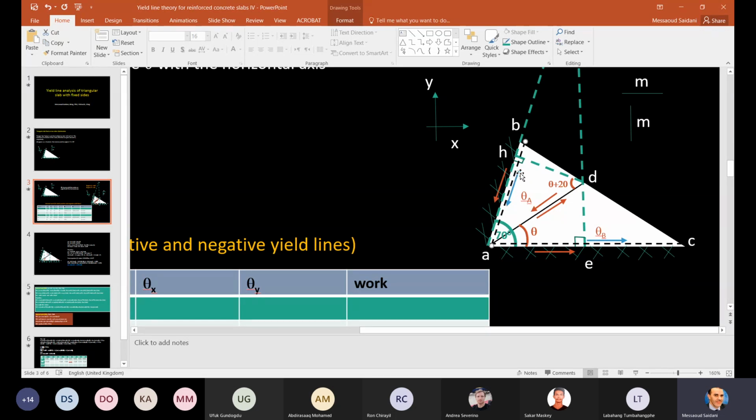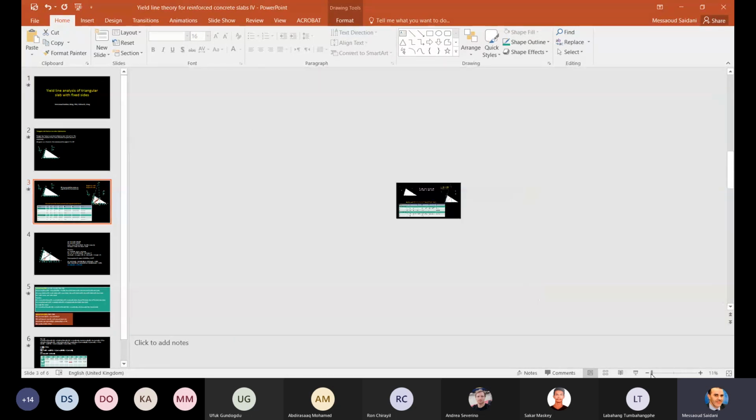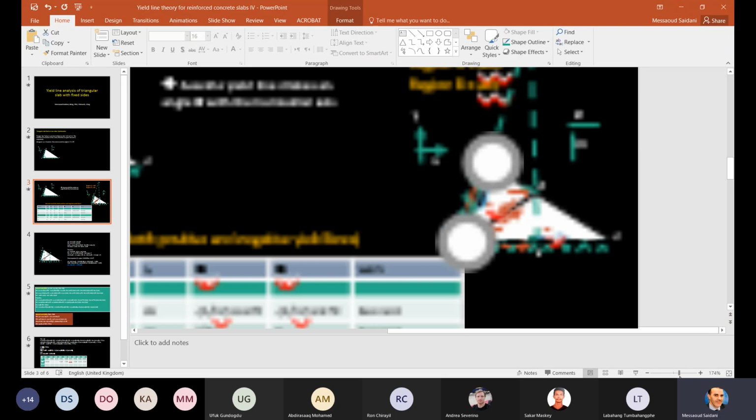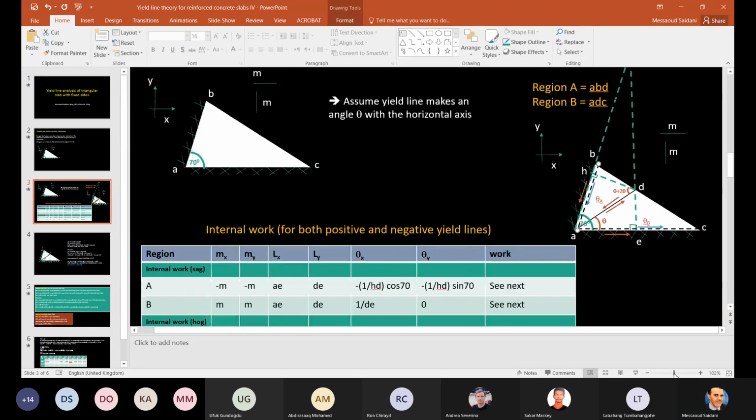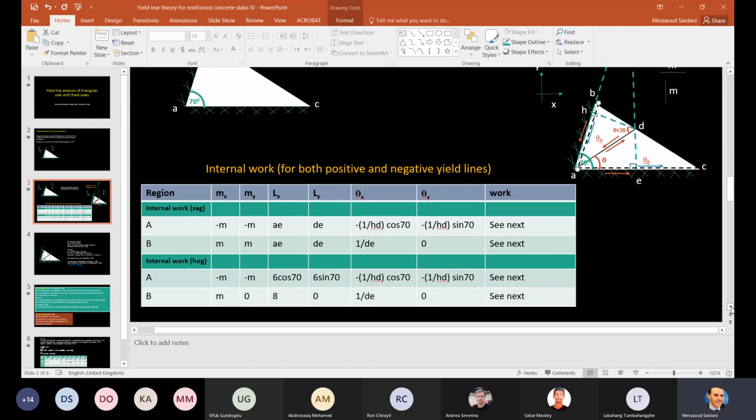The horizontal component is cos 70, because that's 70 degrees, and it's opposite to the X direction, so it's minus. So we have minus 1 over HD times cos 70, which is the horizontal component of this vector here.